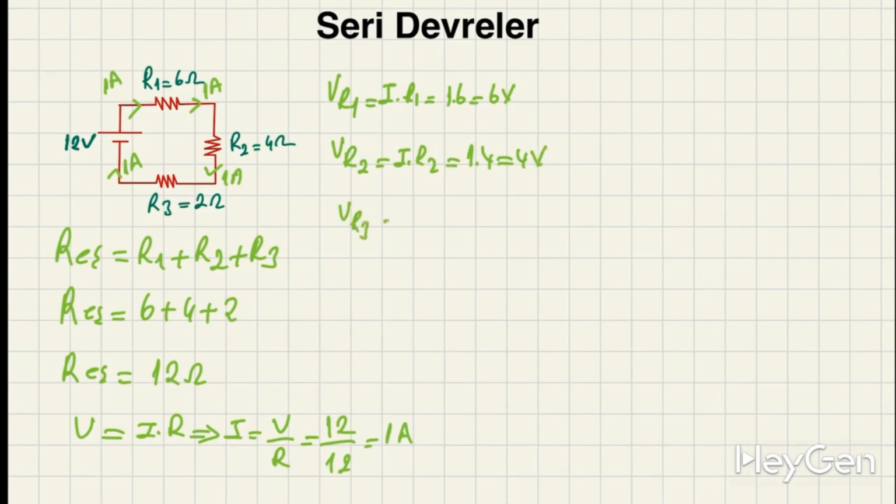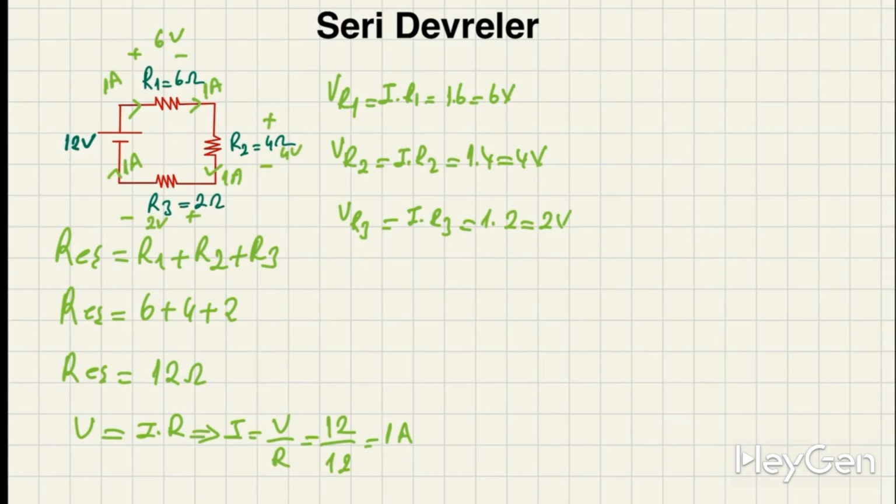The voltage across R3 will also be I times R3, which is 1 times 2, so it will be 2 volts. Of course, plus, minus, 6 volts, plus, minus, 4 volts, plus, minus, 2 volts, because it is said that electrons flow from negative to positive.